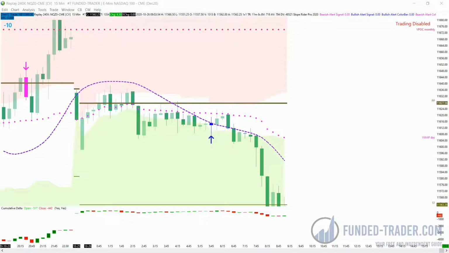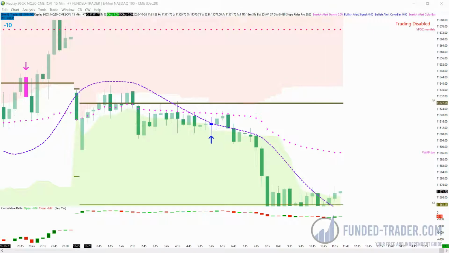So it keeps moving. Let me speed it up a bit, until we see something interesting. So now the European market opened.